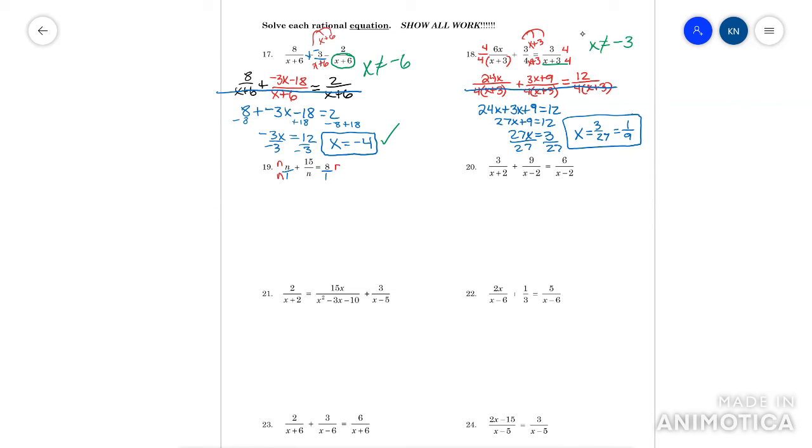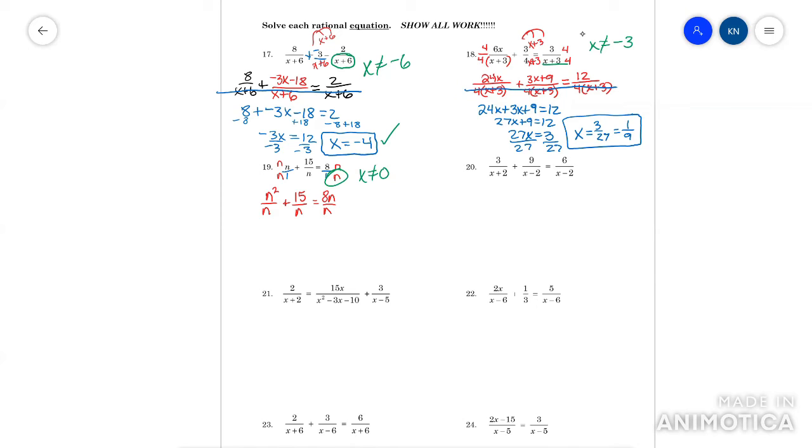And the one on the right needs n over n. So when you rewrite it, it's going to be n squared over n plus 15 over n equals 8n over n. And by the way, this n on the bottom gives you a restricted value: n cannot be 0. So just keep that in mind as we get our answer.